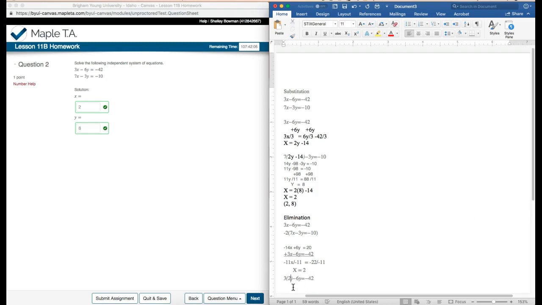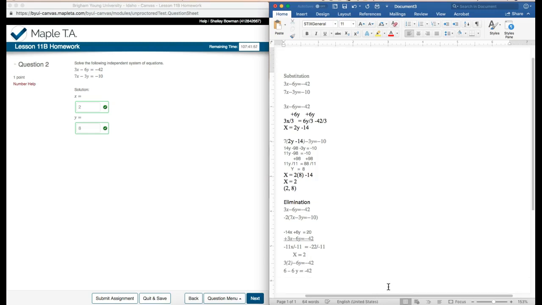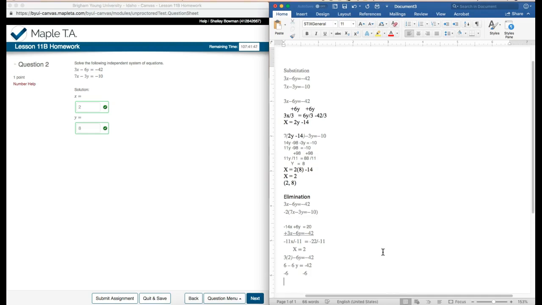Okay, 2 times 3 is 6, minus 6y equals negative 42, and then I'm going to subtract 6 from both sides so that it stays balanced, and then positive 6 minus 6 is 0, so on the left side I'm left with negative 6y, and then negative 42 and negative 6 gives me negative 48.